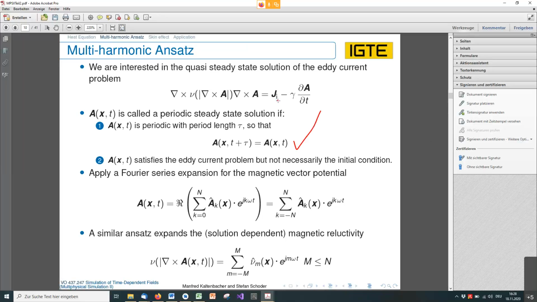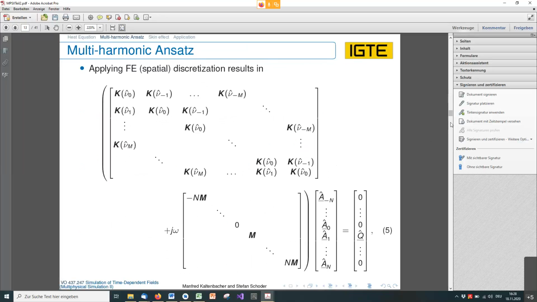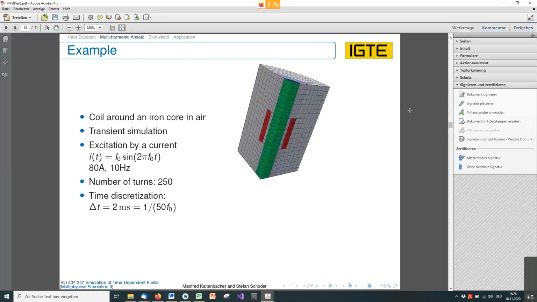For example, imagine a simple coil and you excite this coil with a harmonic current. Then you will also achieve a quite harmonic magnetic field.